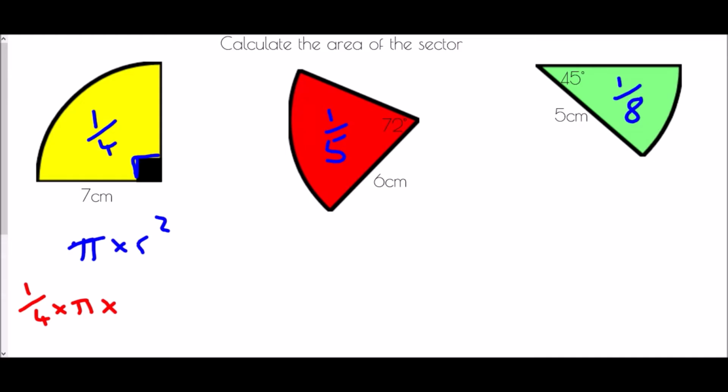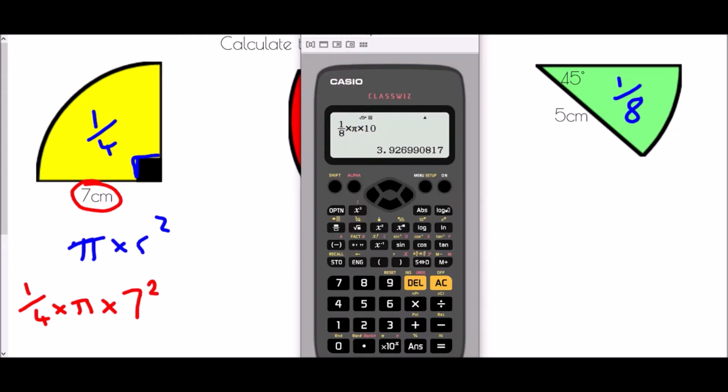Now, r is the radius, and that is what we've actually been given this time. So times 7 squared. So we just grab our calculator and we type in 1/4 times pi times 7 squared, and we get 49/4 pi, but if we went to one decimal place, that would be 38.5.